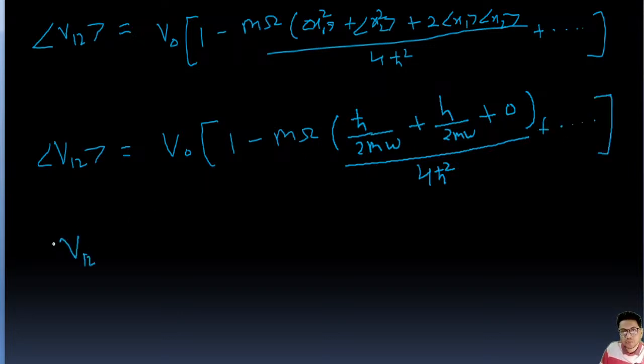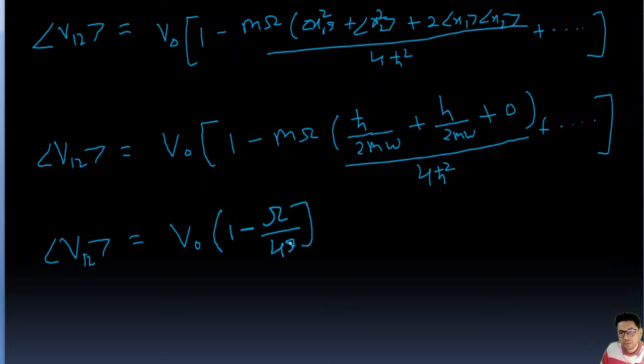So this is going to be V12 average, we'll solve it, right. So this is going to be V0 minus, V0 is common, 1 minus omega upon 4 omega, okay. This is the value we have got after solving this. Very simple.